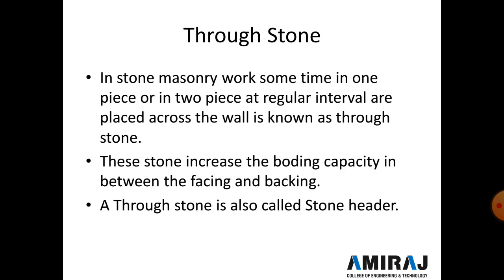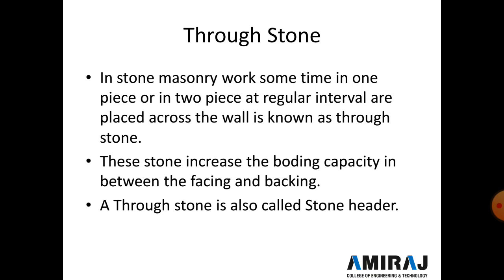Next comes through stone. In through stone masonry work, sometimes one or two pieces put at a regular interval and placed across the wall are known as through stone, and these stones increase the bonding capacity between the facing and backing.